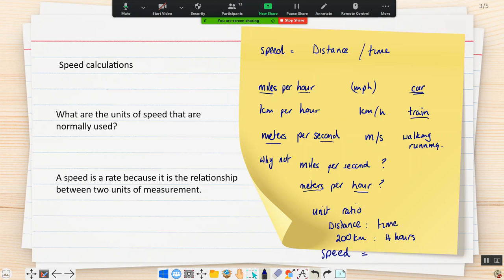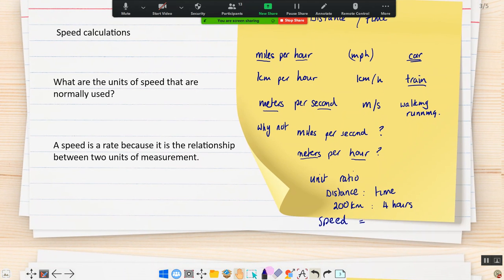Anyone remember? What do we do? We don't in this case, no. That's the same thing, isn't it? Although we don't use the word times. We want our unit ratio, so the unit must be the time, yeah?